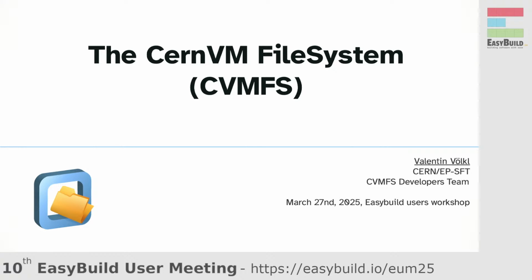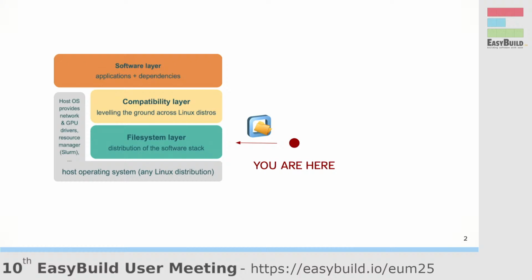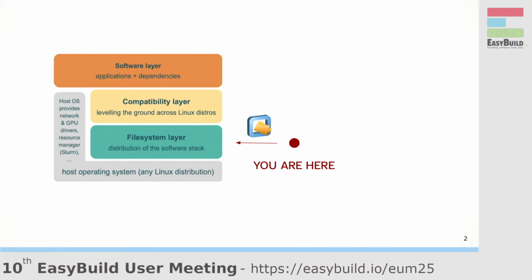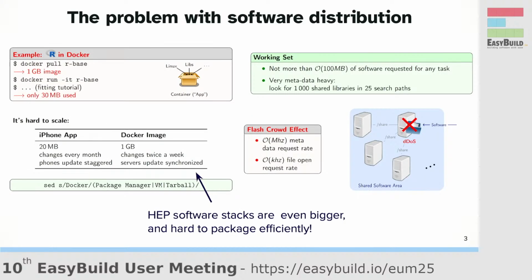So CVM-FS, also known as the file system layer of EasyBuild. Before actually talking about what CVM-FS is, I want to remind you of a simple effect. Say you pull a Docker container for R, the statistical library. It's on the order of hundreds of megabytes to a gigabyte.